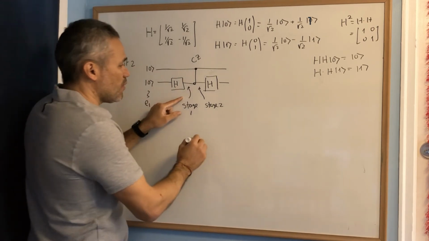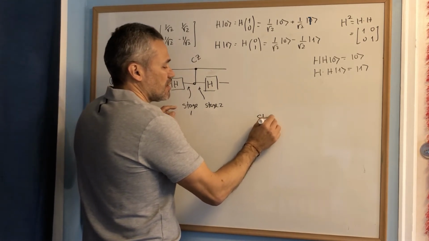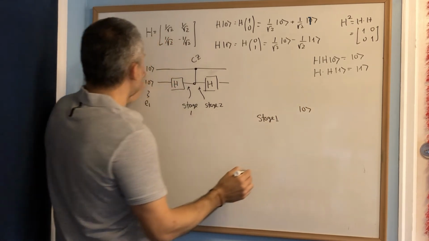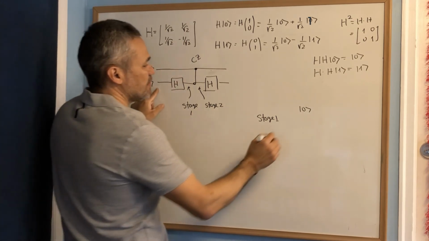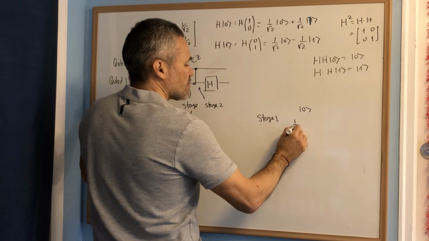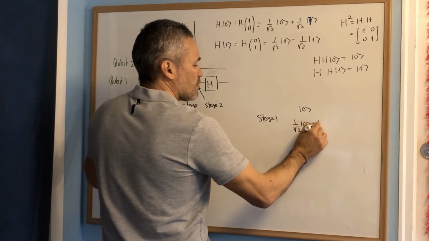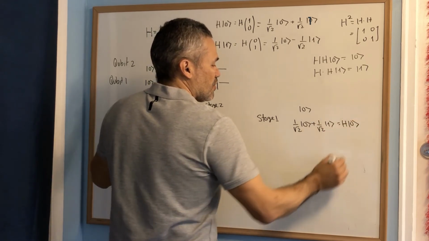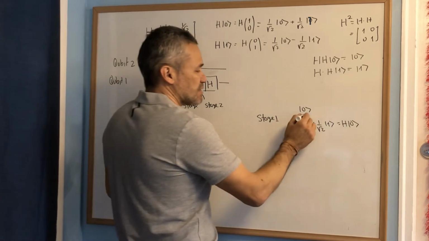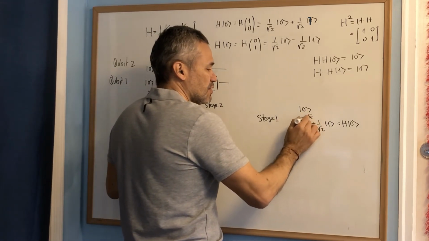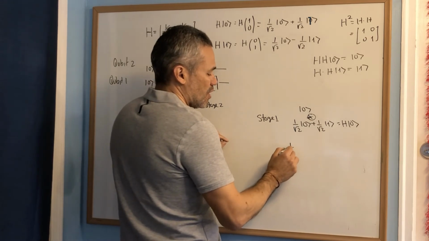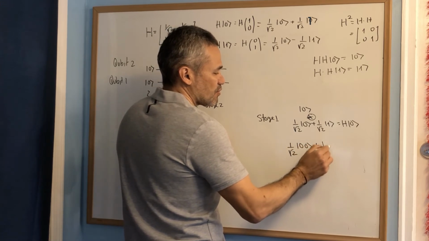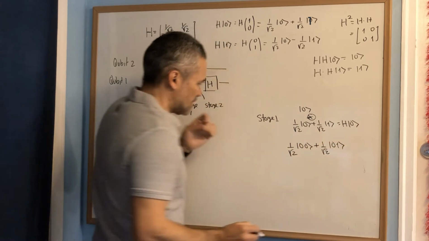At stage 1, nothing happens to this state, and this state becomes 1 over the square root of 2, 0, plus 1 over the square root of 2, 1, which is just H of 0. What 2-qubit state is this? We do the tensor product of these two, and we get 1 over the square root of 2, 0, 0, plus 1 over the square root of 2, 0, 1. This is stage 1.